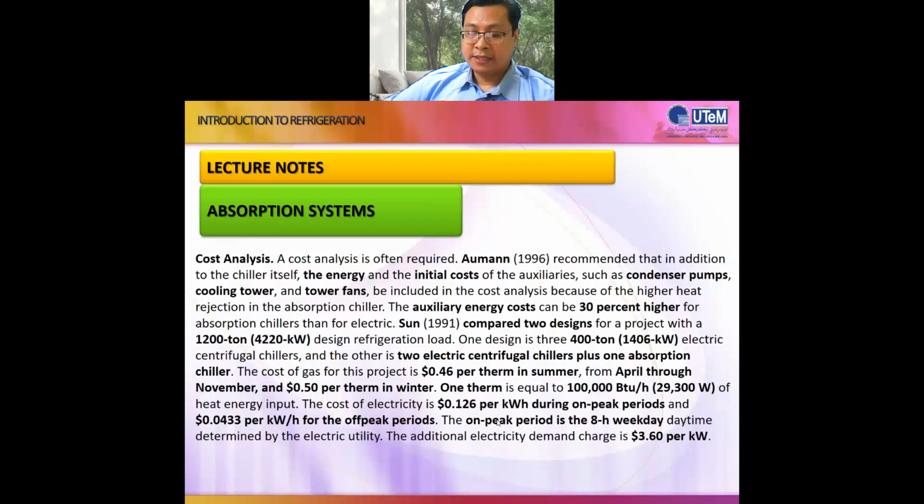So a different price because, as we know, the winter will have low temperature, so maybe need more energy to boil the water.